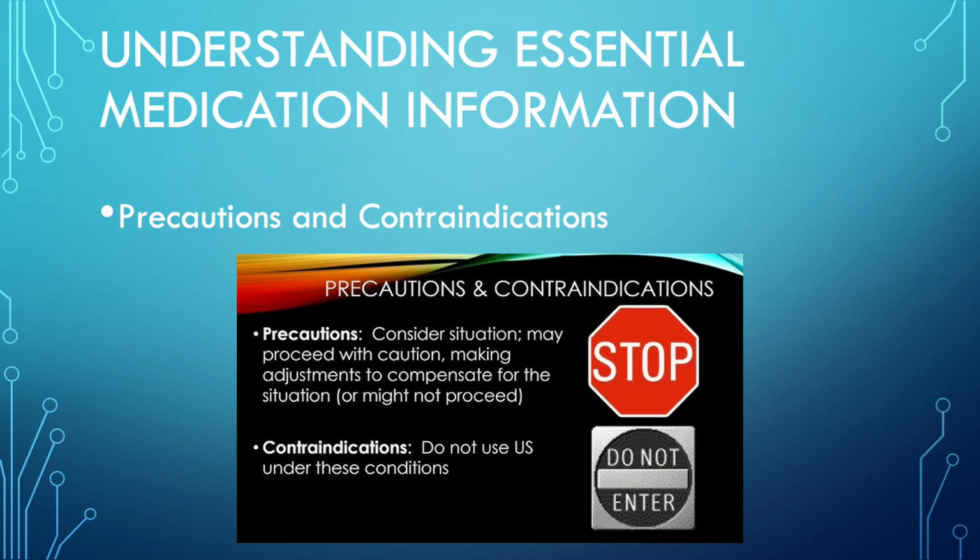We also want to make sure that these medications are only given when the benefits outweigh the risks. People who have multiple medical conditions are also going to be at risk for contraindications, or we need to make sure we take extra precautions. Your book gives a good example of a patient who might have a hemorrhagic stroke, so where your brain has a bleed.